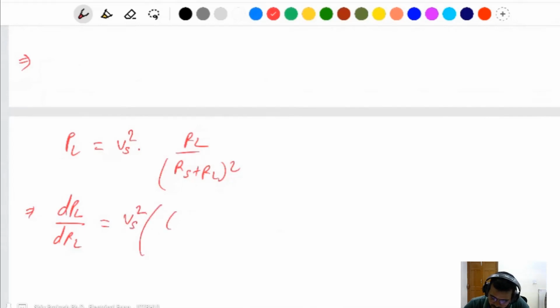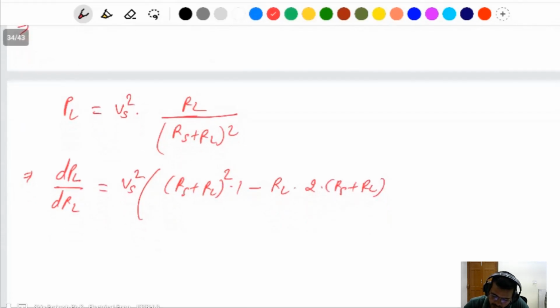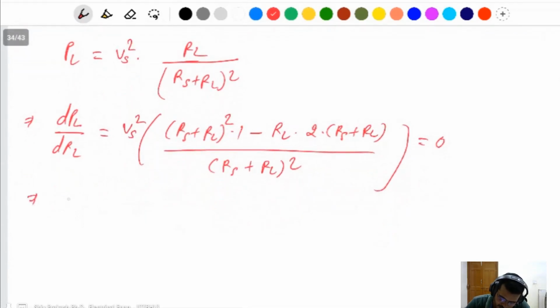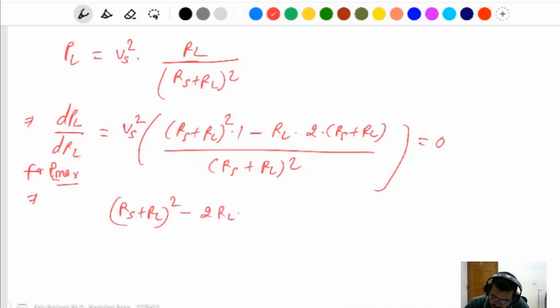Using the quotient rule, the derivative is Rs plus RL whole square minus 2 RL into Rs plus RL, all divided by Rs plus RL to the power four, and this is equal to 0 for the maximum.